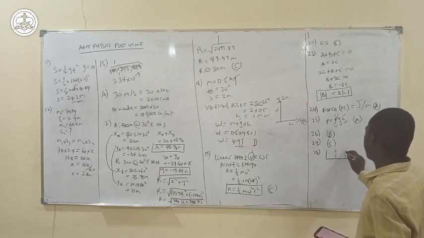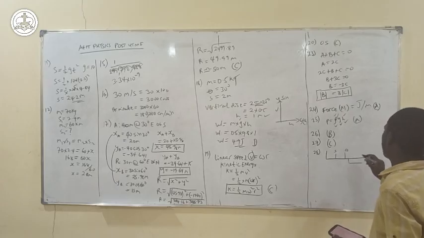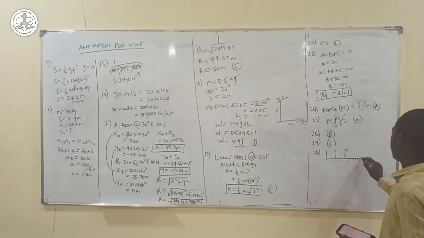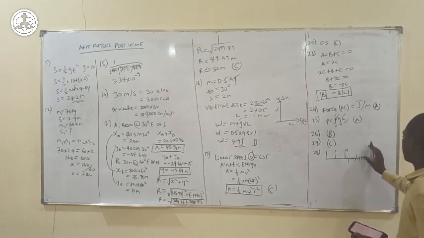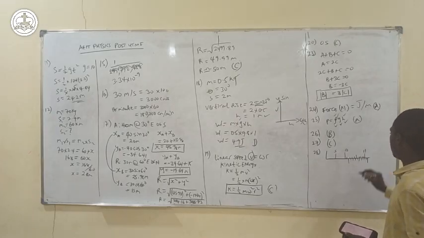Let's say this is 5, 10, then it comes here like this, 1, 2, 3, 4, 5, 6, 7, 8, 9, 10, and 11.